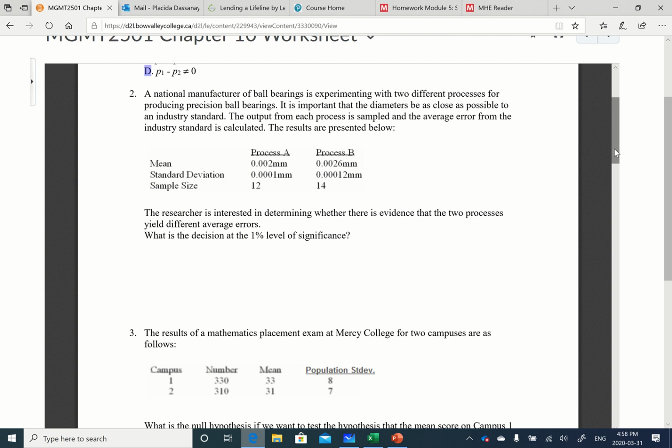What's the average error of process A versus what's the average error of process B. So we have the sample information: mean, standard deviation, and sample size. The researchers are interested in determining whether there is evidence that the 2 processes yield different average errors. So that's what they want to know.